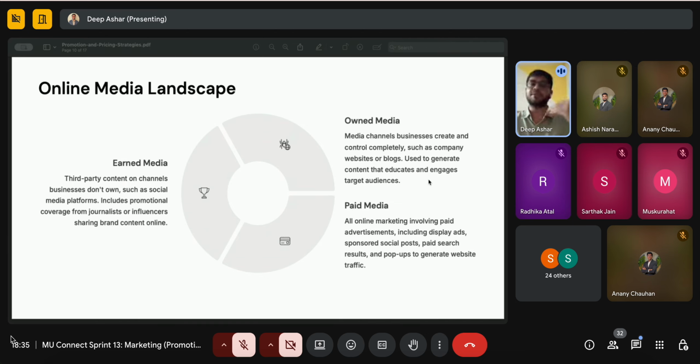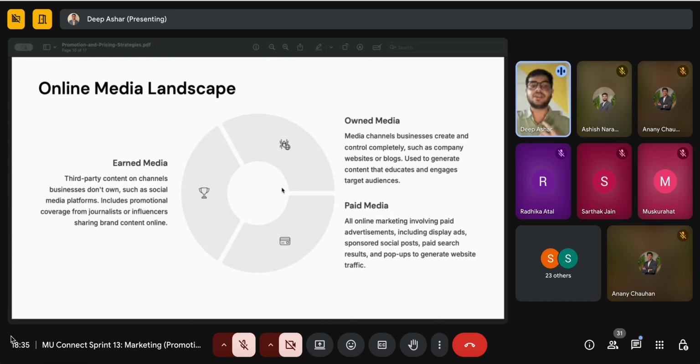PR publicity is a separate part, which is why it's not put under the online media landscape in this particular case. So again, just to recap, earned media would be where the content or the channel is not owned by us. It could be on a social media platform, or even on an Economic Times online page. Owned media is where the channel is owned by us.